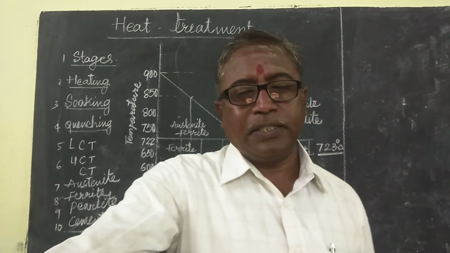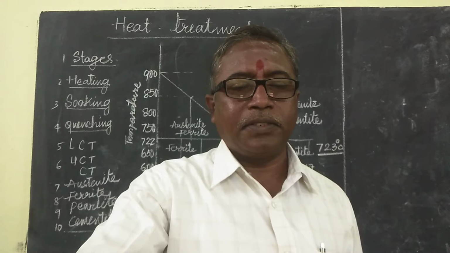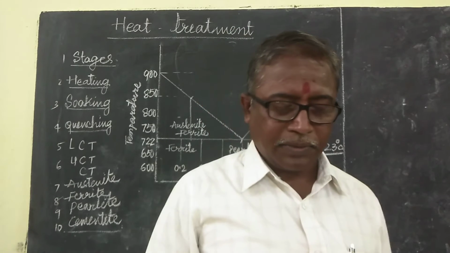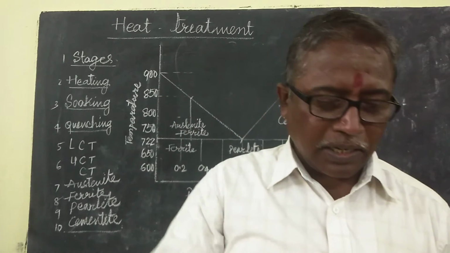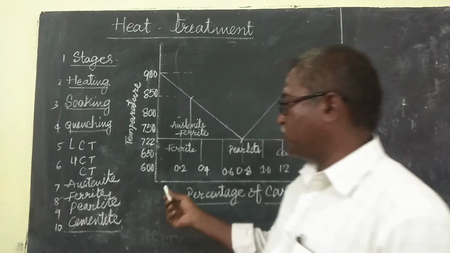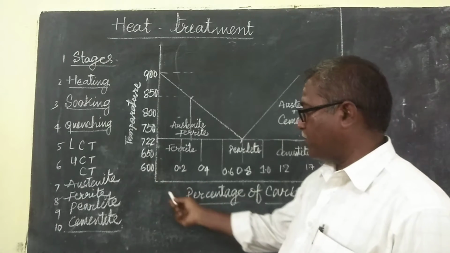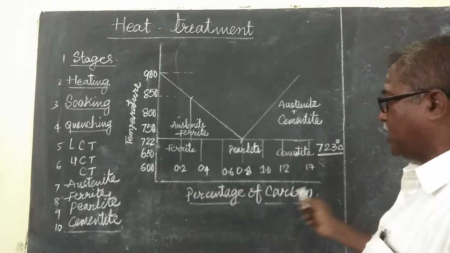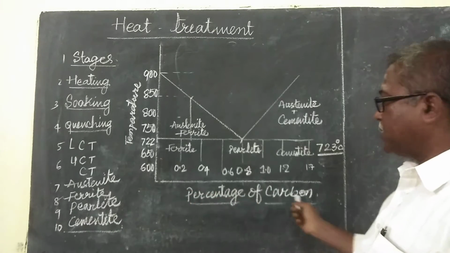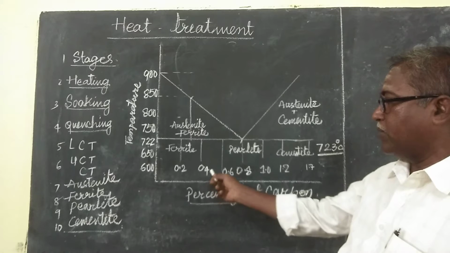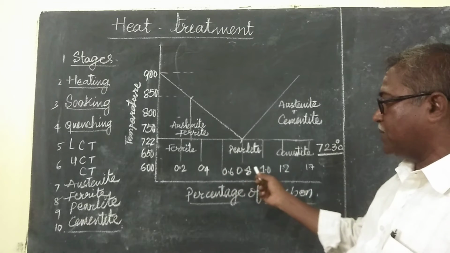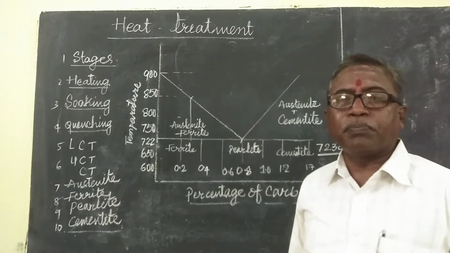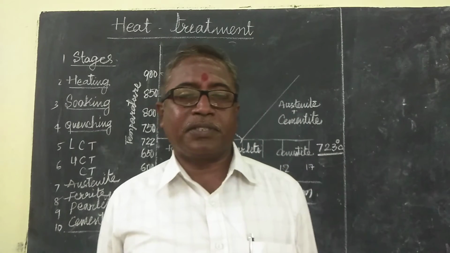Actually, steel is an alloy of carbon and iron. In this carbon and iron, if you see, the carbon percentage is given in the figure: 0.2%, 0.4%, 0.6%, 0.8%, 1.0%, 1.2, up to 1.7 for carbon steels.